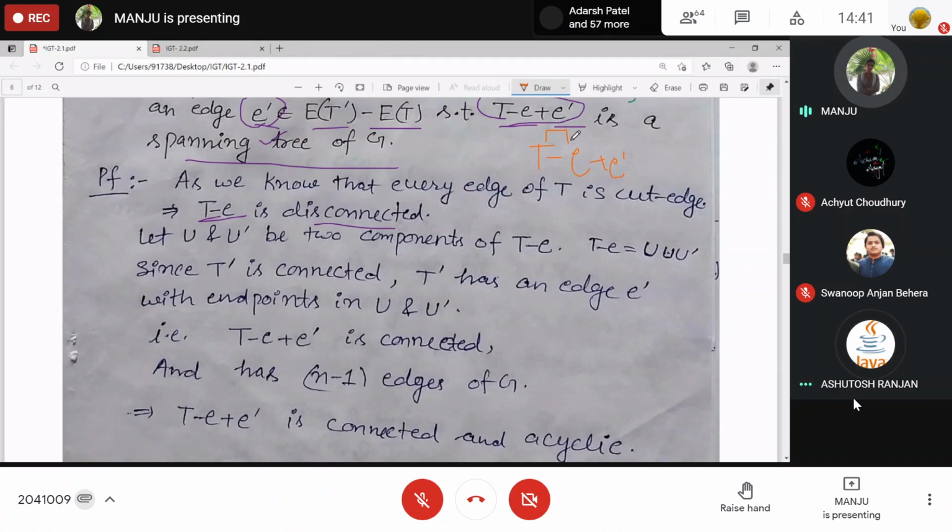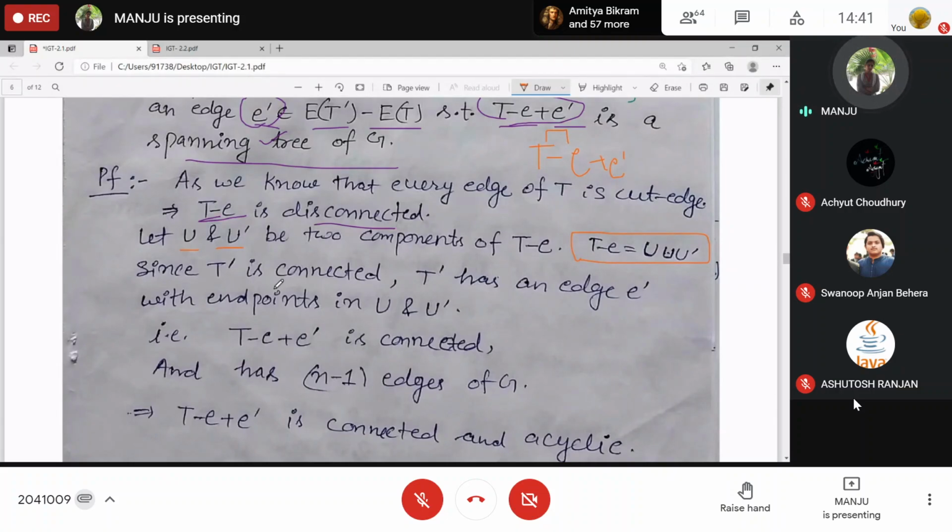Because every edge of the tree is a bridge. Clear? That's why T minus E will be disconnected after removing that edge. So these are the two components U and U dash of T minus E. Means T minus E can be written as U union U dash, two components of T minus E. So these are disjoint.